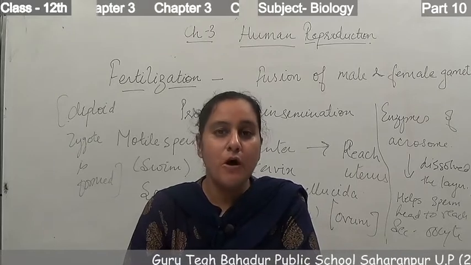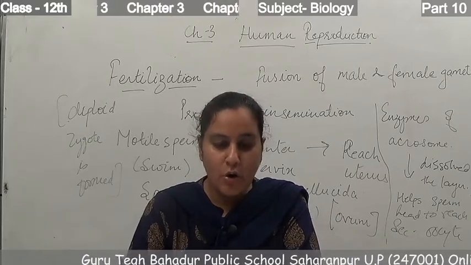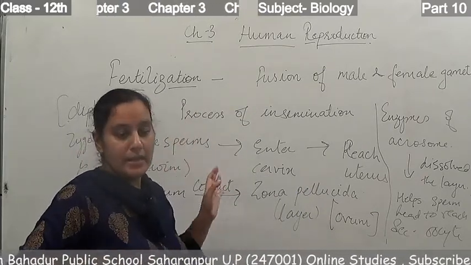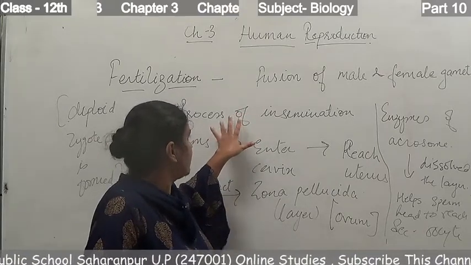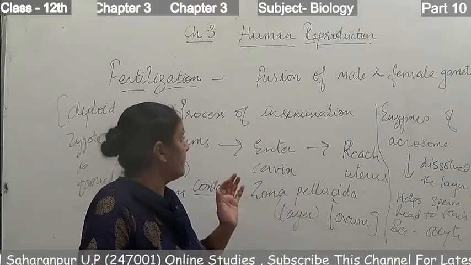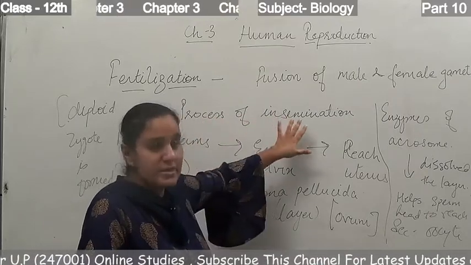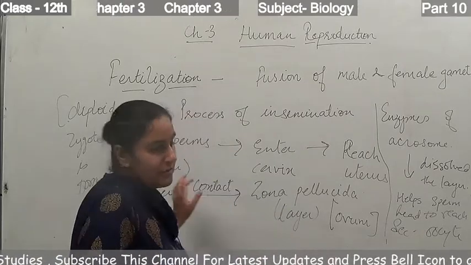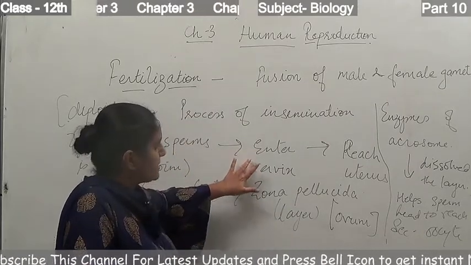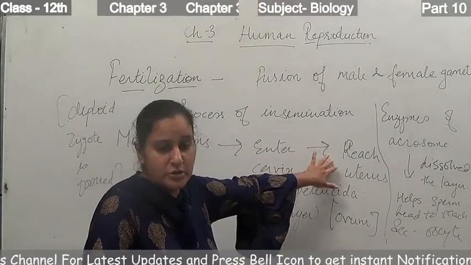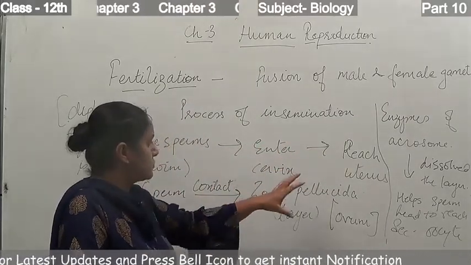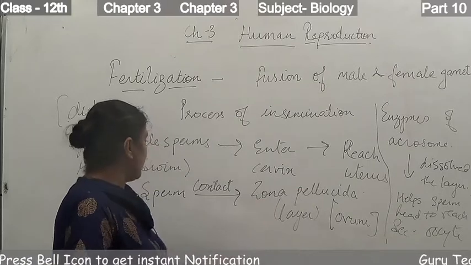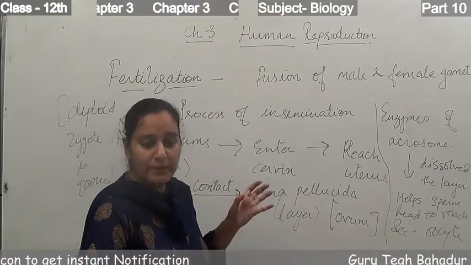Now how does this whole process happen? During the time of coitus, the semen is released from the male organ, that is the penis, to the female organ, that is the vagina, by the process of insemination. Firstly, the process of insemination occurs. After that, these motile sperms enter the cervix and reach the uterus. Once the sperms reach the uterus, they come in contact with the zona pellucida layer of the ovum and make changes in that particular layer.